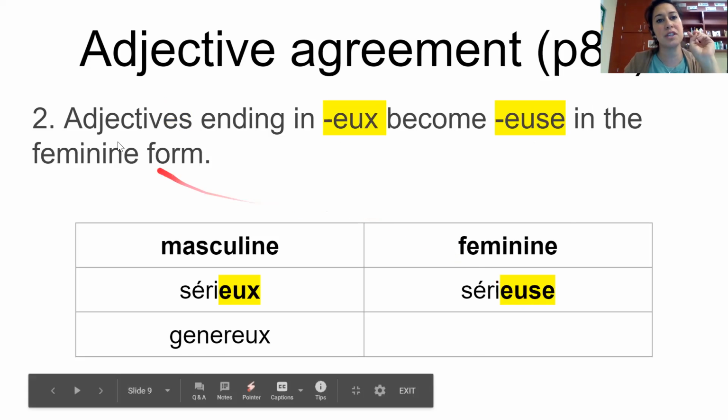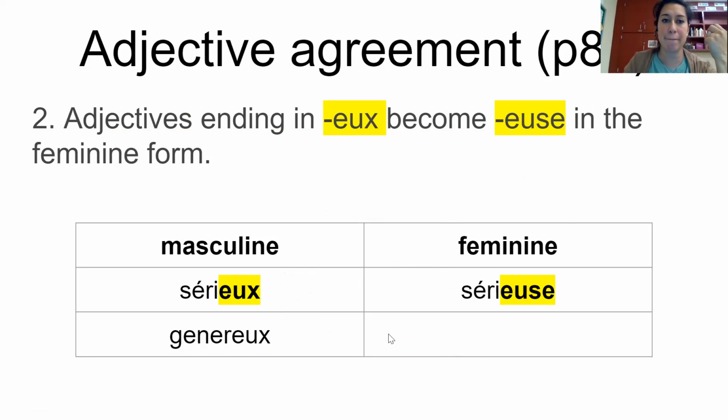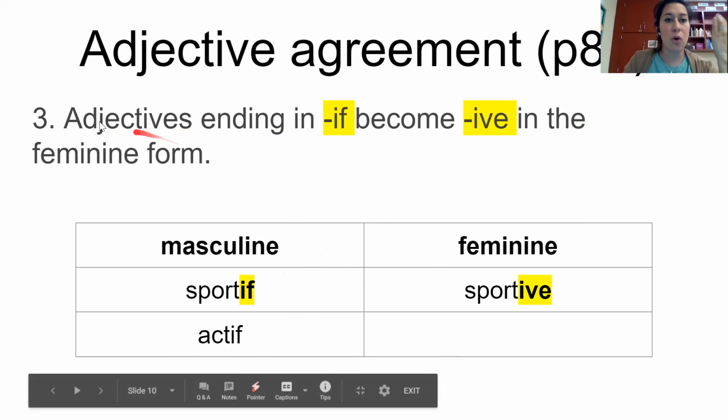Okay, the second rule that you're going to add, adjectives that end in EUX become EUSE in the feminine form. Again, we've got two examples, sérieux, sérieuse, généreux, généreuse. We've definitely seen these when we looked at Heidi. But this is why, this is the rule. Numéro 3, we talked about adjectives ending in IF become IVE in the feminine form.